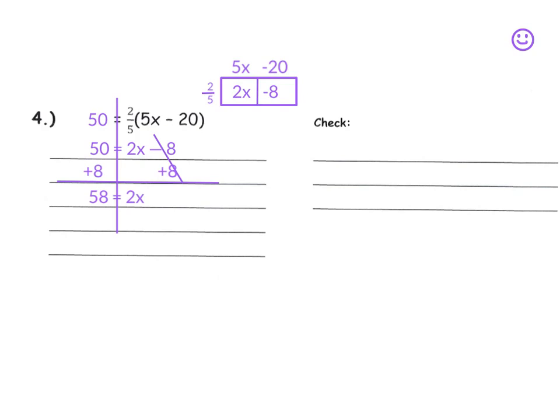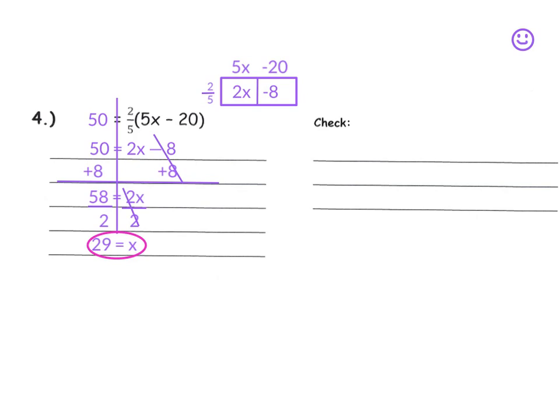So divide both sides by 2. 58 divided by 2 gives me the answer of 29, and then 2 divided by 2 cancels because anything divided by itself is 1. So I end up with my answer of x equals 29, or in this case we wrote it as 29 equals x because the x was on the right side. So my answer is 29.